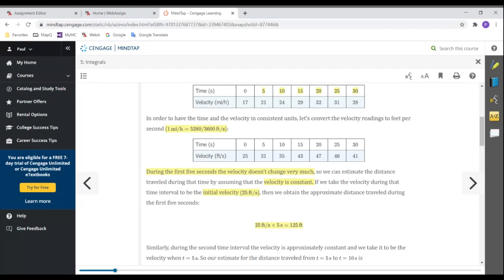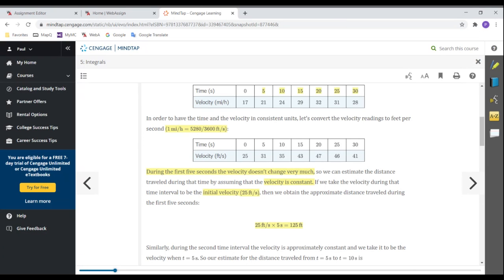Remember, velocity is the derivative of position. If you take the derivative of position, you get velocity, but if you take the antiderivative of velocity, you get position.